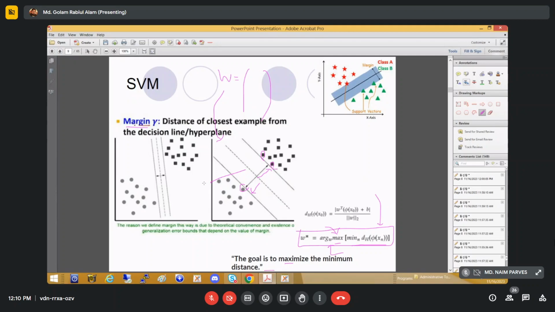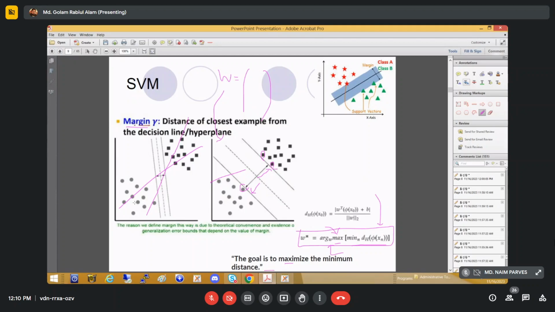So if we apply this equation, then it can draw the line differently. Like it can draw a line this way, or it can draw a line that way, to maximize just the distance and also the support vectors. But that's not our goal.